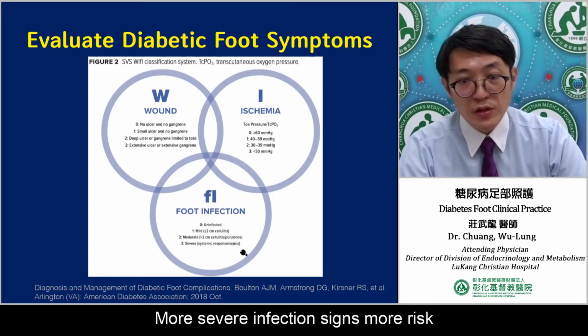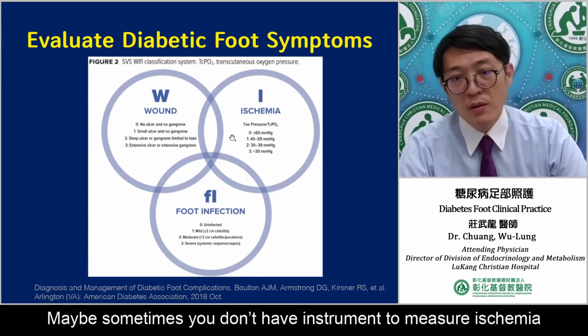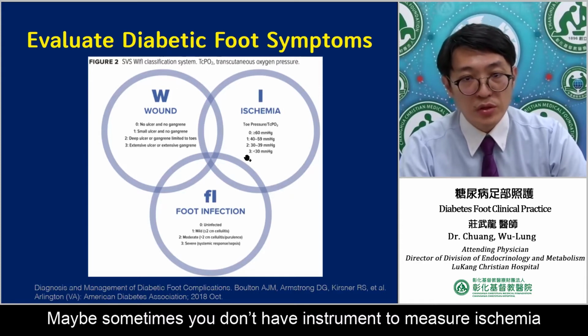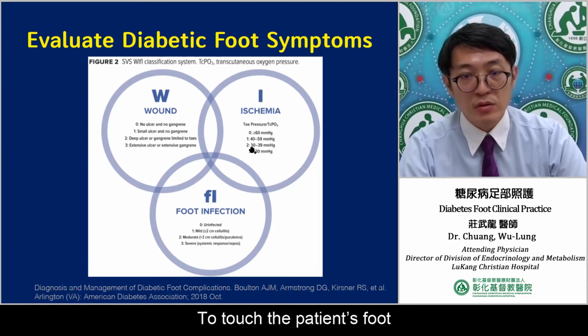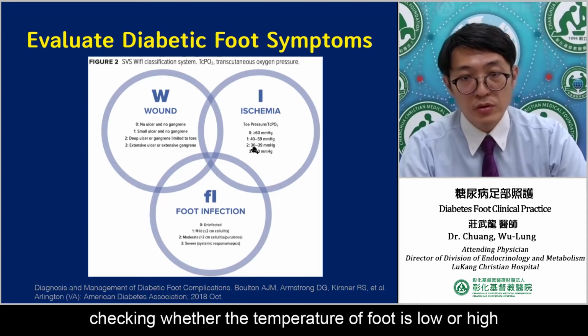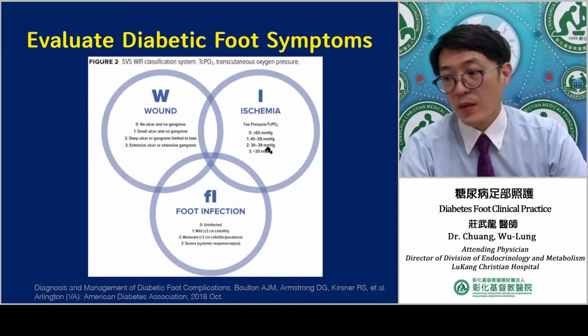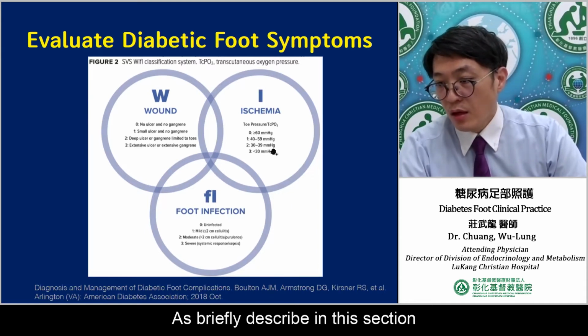If the infection signs are more systemic, it's higher risk. Sometimes you don't have an instrument to measure ischemia, but instead you can make a physical examination, touching the patient's foot to check whether the temperature of the foot is low or high.